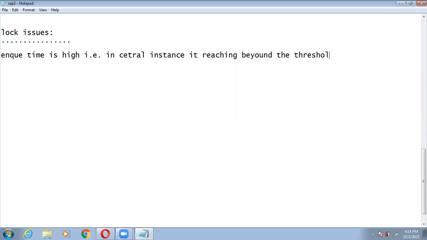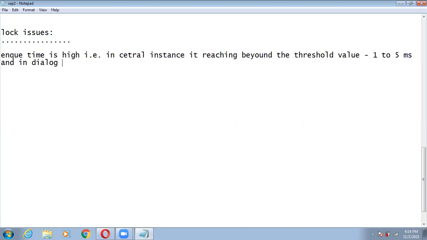This is one of the major concerns. Generally the threshold value is 1 to 5 milliseconds, as I told you yesterday. You can go through yesterday's recording which I pasted on YouTube.